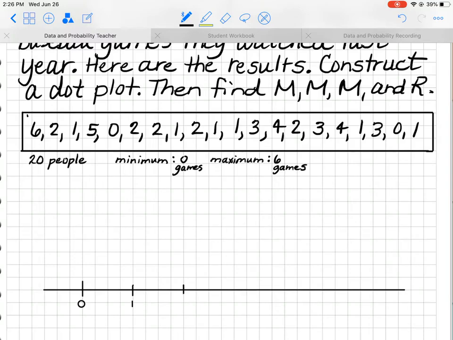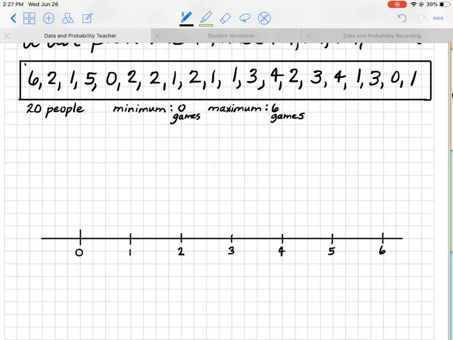Count 4 more, 2, 4 more, 3, 4 more, 4, 4 more, 5. I have to stop and count there. And then 6. And remember, these represent games.